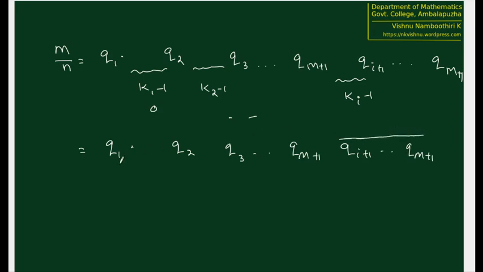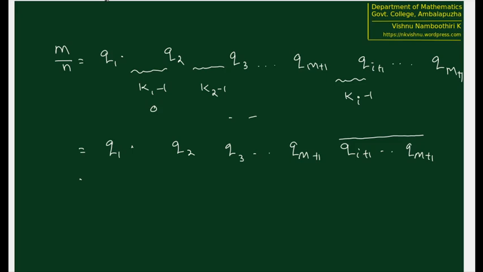So this is the final decimal representation, and this is a non-terminating but infinitely repeating block decimal representation of the rational number. So we have proved that if the decimal representation is not going to terminate, then a block of digits will be repeating infinitely many times.